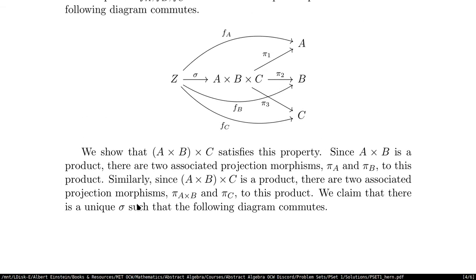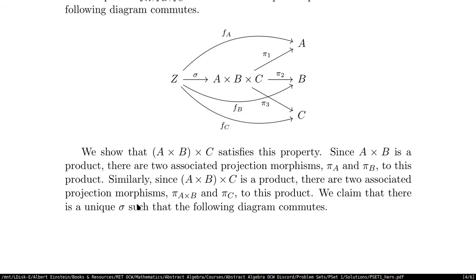Okay, so we know that A cross B is a product, and there are two associated projection morphisms, pi A and pi B, to this product. Similarly, A cross B cross C is a product, and there you would also have two projection morphisms.